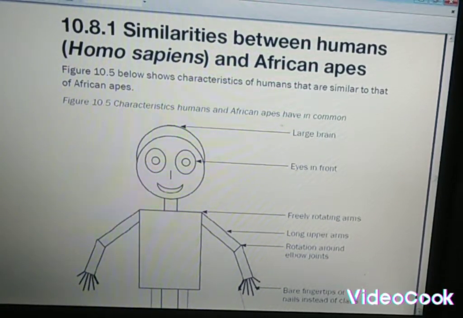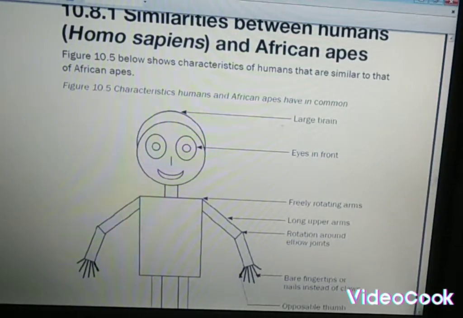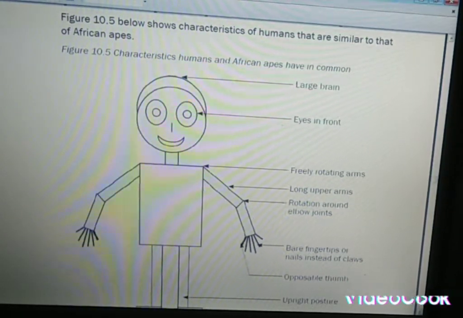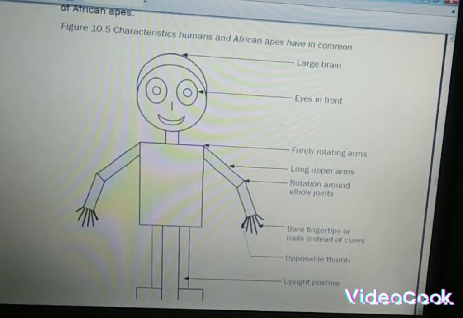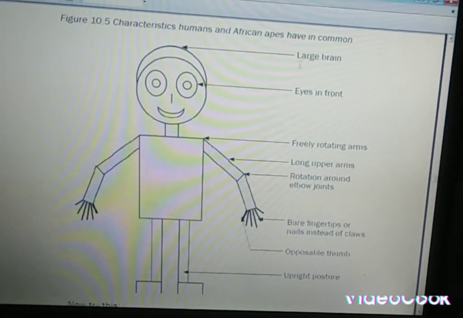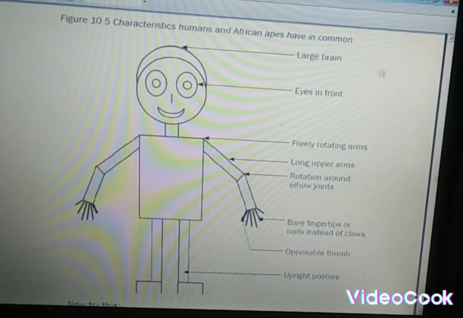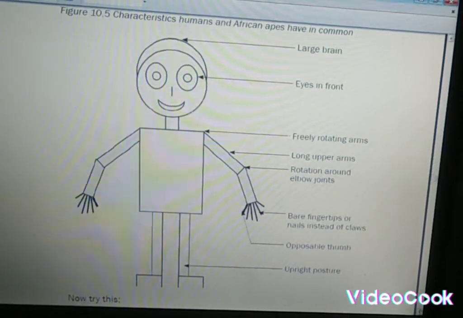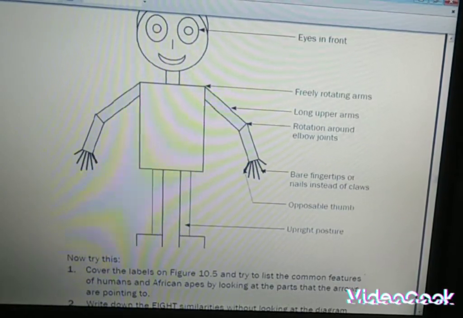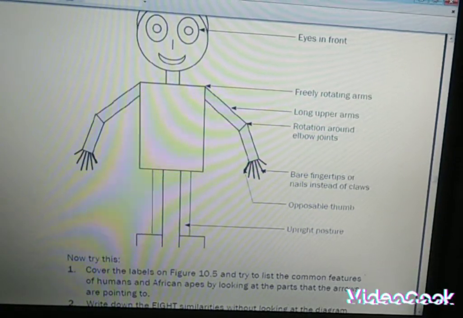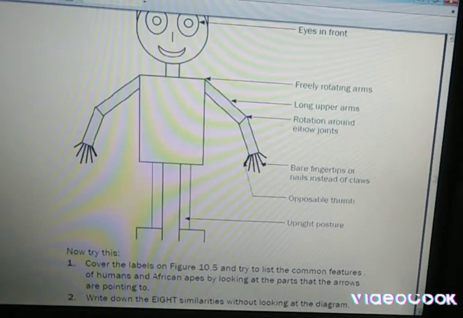So now this diagram is showing us characteristics of humans that are similar to those of African apes, right? Number one, large brain. It's very important that you take note of this. Large brain, eyes in front, freely rotating arms, long upper arms, and rotation around elbow joints.